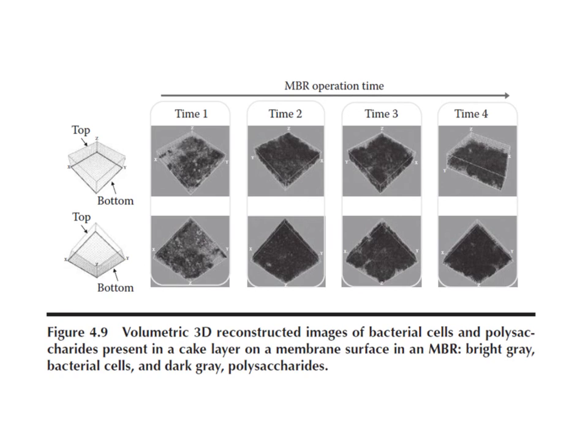So this picture shows how this biocake forms with MBR operation time. Initially we can have a lot of void space inside this cake layer, but as time goes by, we can see a very dense cake layer formed on the membranes. We can see that from the top or from the bottom, and that is very comprehensive information on the characteristics of this biocake.